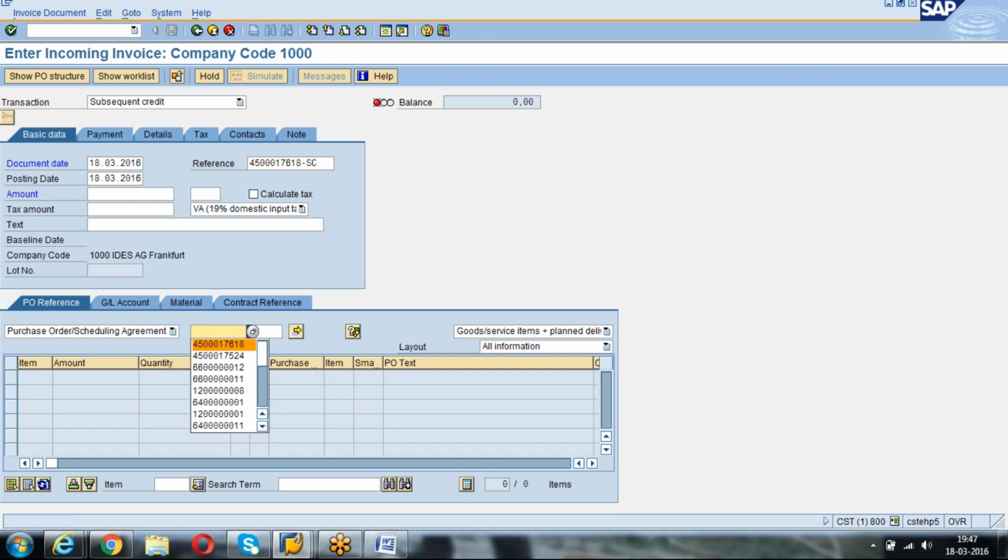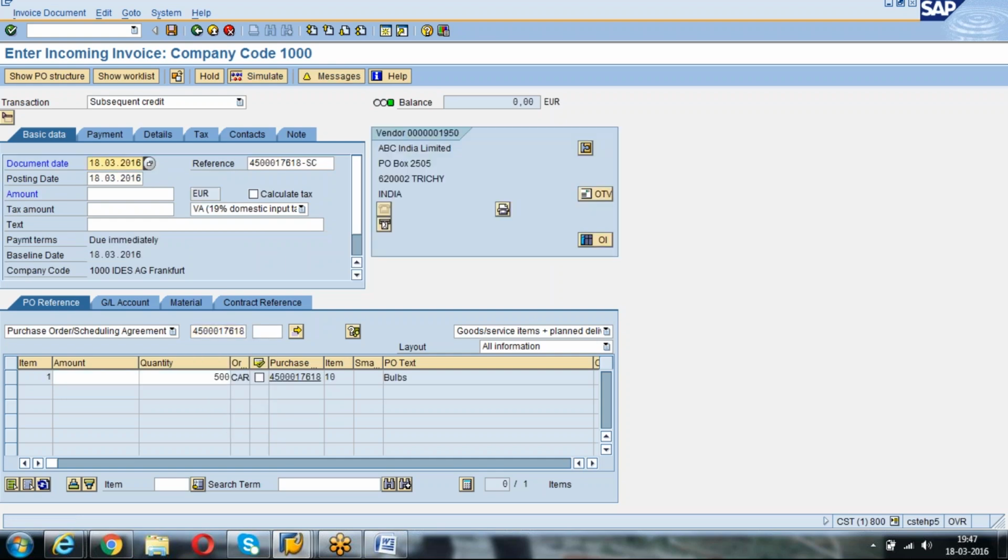Okay, give the invoice date, same PO, we will give it as a subsequent credit, and then give your PO. Without a reference PO you can also send it directly, then it will be generic, it will load on the material, whatever material you have to give, the details, everything you have to give. For the 500 quantity, you are going to send the subsequent credit.